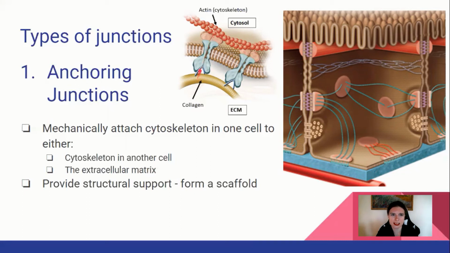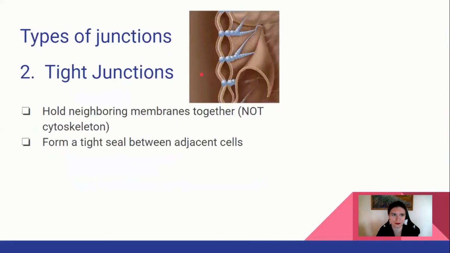And here we see that we have proteins that link the cytoskeleton up with collagen fibers in the extracellular matrix. So this would be another way to represent an anchoring junction. So because these are linking up scaffolding inside the cell to scaffolding either in another cell or outside the cell, these are really going to provide a lot of strength to cells and kind of hold them up, hold them in place, hold their shape.